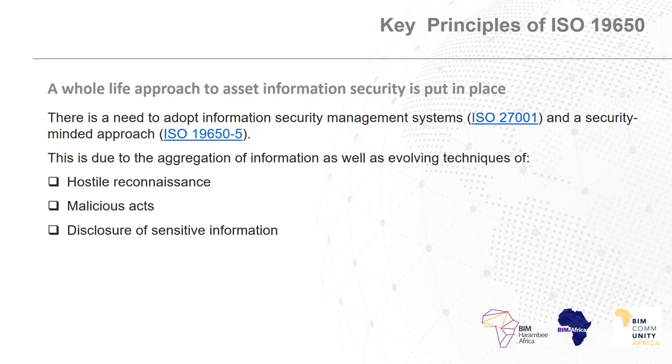The ISO also talks about asset information security and how the following types of security risks are dealt with, including hostile reconnaissance, malicious acts, and disclosure of sensitive information. The term sensitive information includes intellectual property, commercially sensitive information, and personally identifiable information.